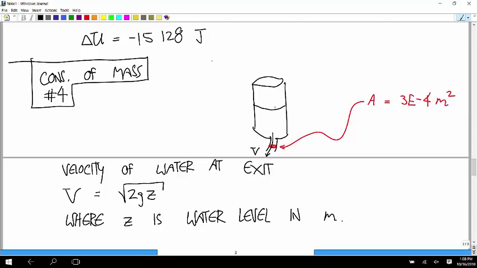So we're talking about liquid water draining out of the tank. And this is Z.